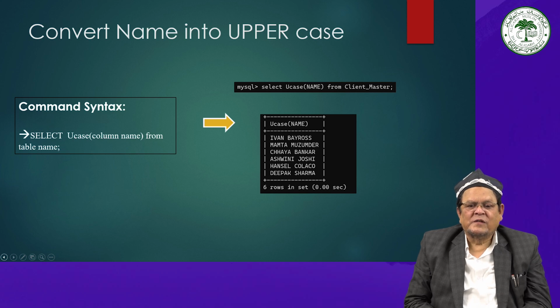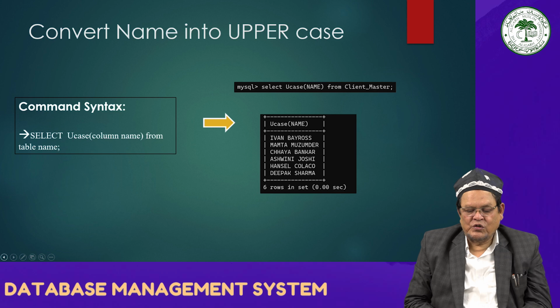When you run it, it will display ucase name: Evan Barros, Mamta Majumdar, Chaya Banker, Ashwani Joshi, Hazel Kulako, and Deepak Sharma. It will display the 6 rows. All the lowercase will be converted into uppercase.